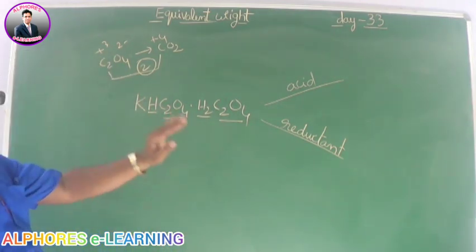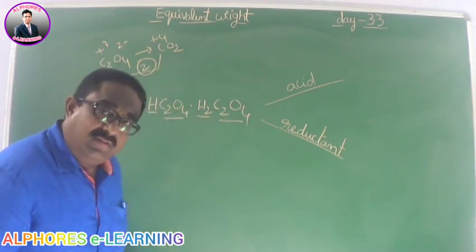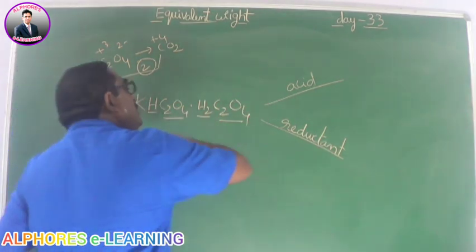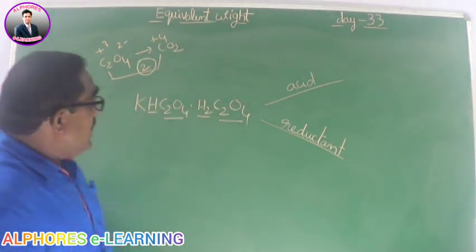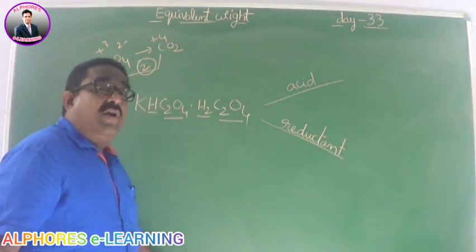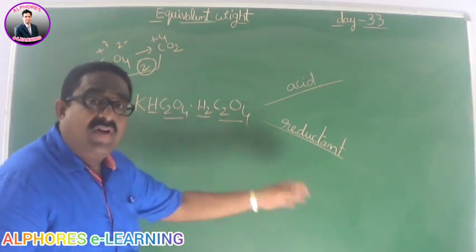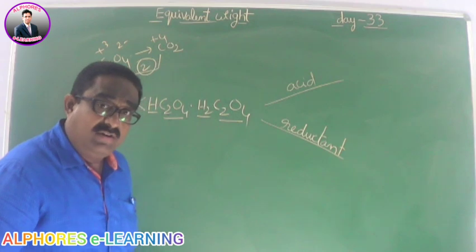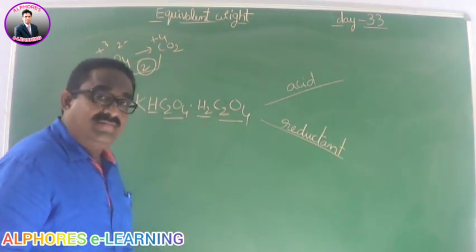Now, let me find out the N factor for both the reactions. If it is going to react with a base, what will be its N factor? If this substance acts as a reducing agent, what will be its N factor? That's what I want to explain to you.